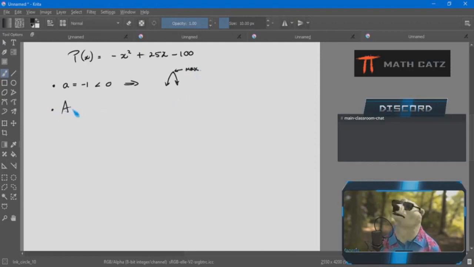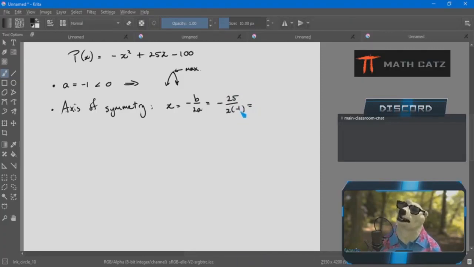That vertex sits on the axis of symmetry, which is when x is equal to -b over 2a in general. In this case, it is -25 over 2 times -1. Oh, that's not so bad, 2 negatives, though it doesn't look very nice here.